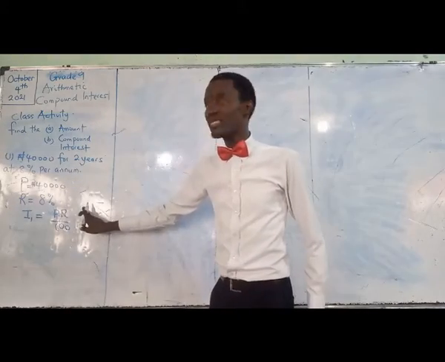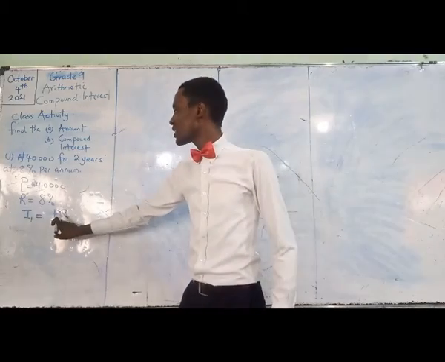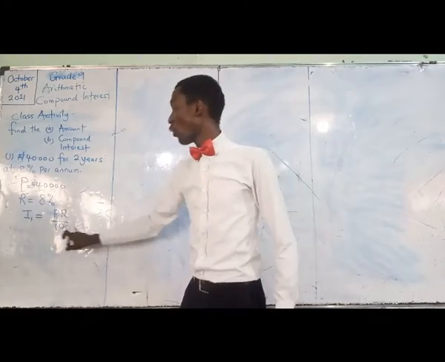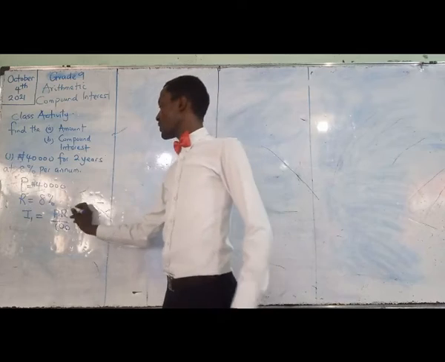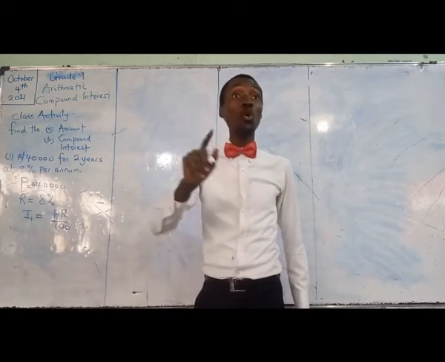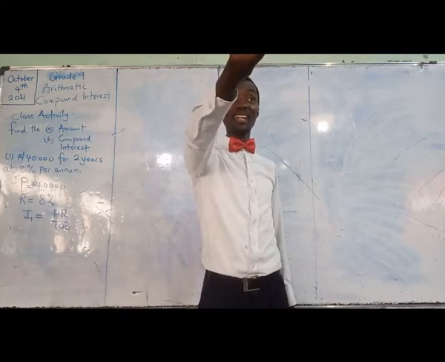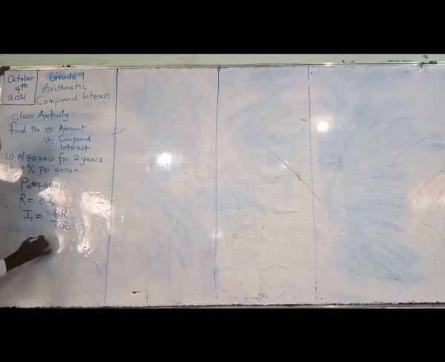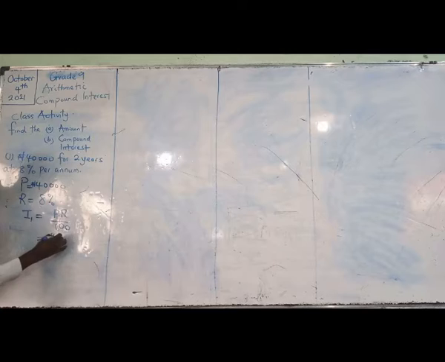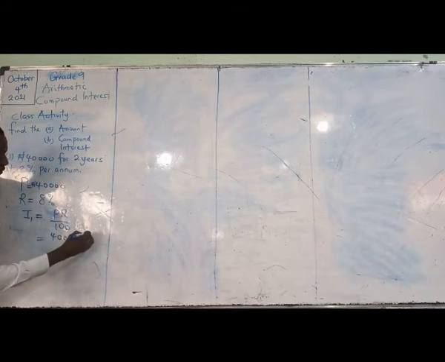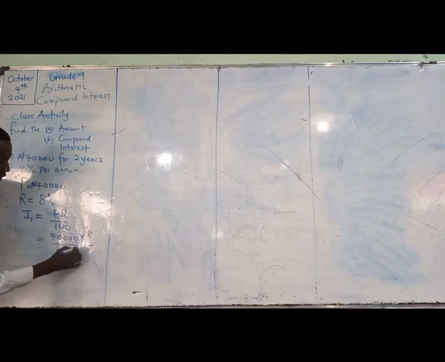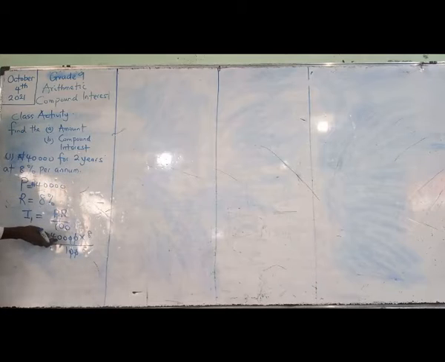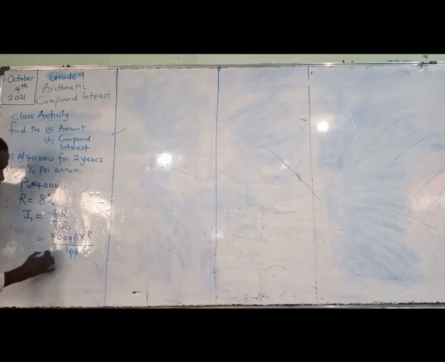So at the end of the first year, what happens? It will be principal times rate over 100. Even if I put t here, that time is what? 1. Is that clear? That time is what? 1. So we come here, it will be what? 40,000 times 8 divided by 100. So that will be 400 times 8, which will give me what?